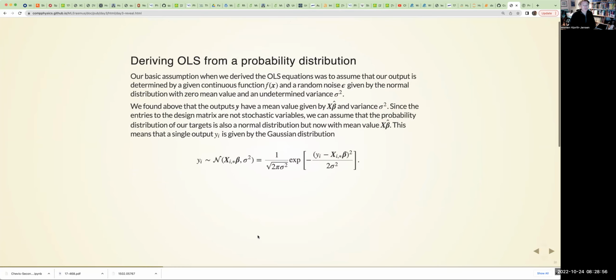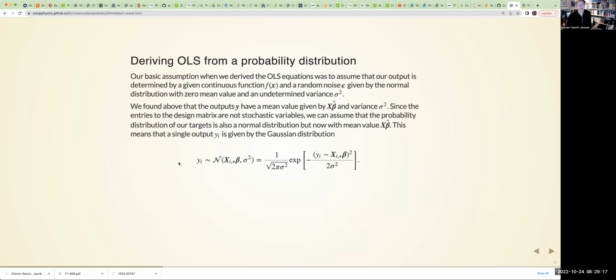So where I wanted to start now is by bringing back what we discussed last week and show you how you can derive ordinary least squares using a statistical interpretation, and that means that we start from a probability distribution.